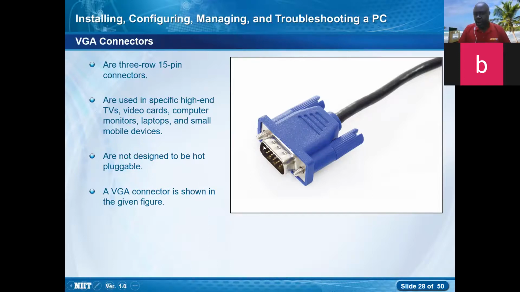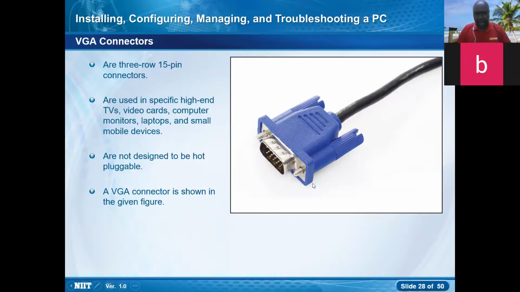The idea of shaping the connector in this way is so that you cannot connect it in different ways. It should only have one way of connecting. And this is an example.